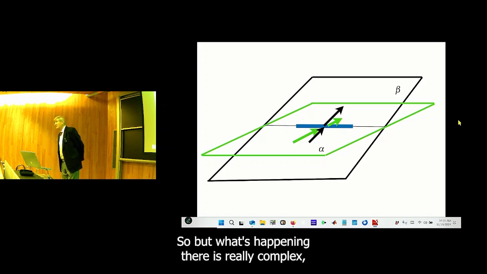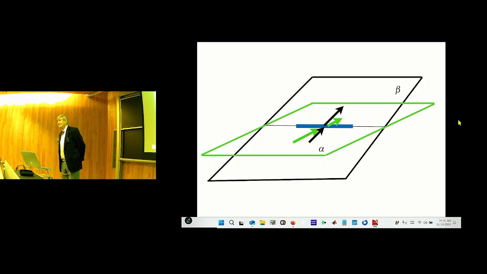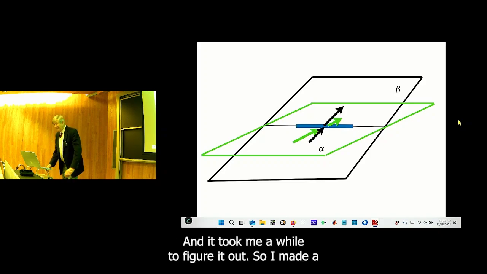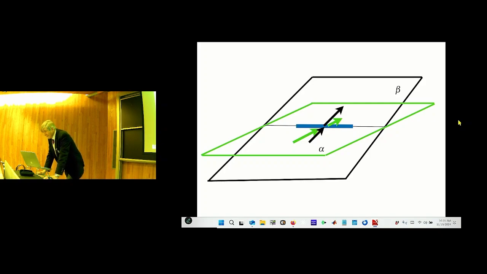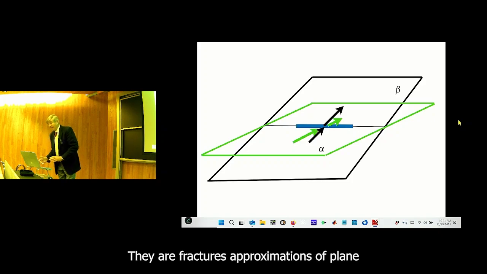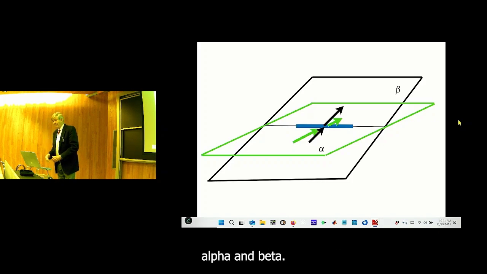But what's happening there is really complex. And it's also strange, and it took me a while to figure it out. So I made a very simplified model of this. So this is two planes. They are fractures, approximations, a plane alpha and a plane beta.